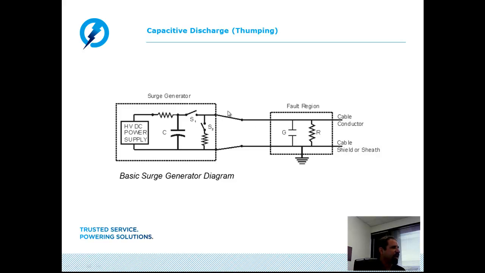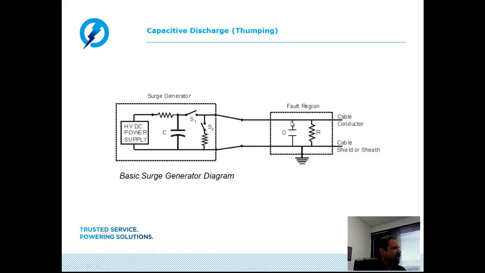Now, when this traveling wave, a high voltage surge, encounters the gap representing the fault in the insulation, that energy will discharge through the gap and will in essence be taken up as a fault current traveling back to the surge generator, and then typically through a discharge resistor network to earth.